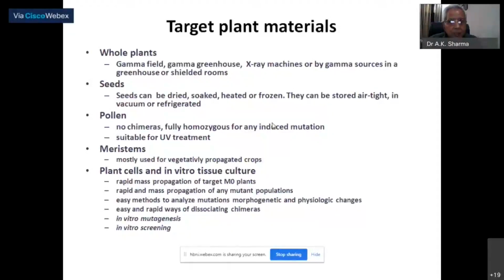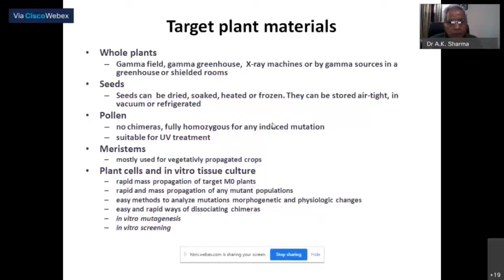Then meristems. Meristems are those parts of the plants which have dividing tissues, like buds in plants, or for example, buds on potato tuber. Similarly, we have reduced stem on, say, onion. Now, these are points or places in a plant where cells can actively divide, and the generation of the entire plant can happen from meristems.